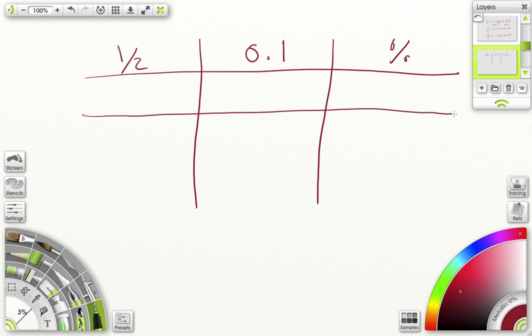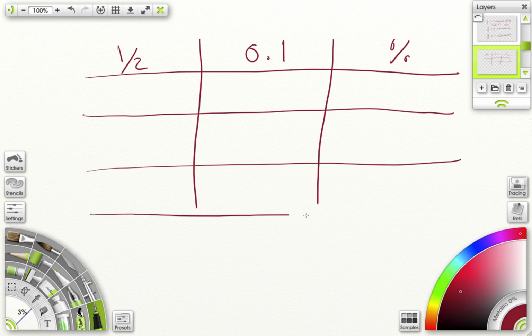So if you have a chart like this and your objective is to fill it in, let's do 7 over 8 here. We'll do 0.6 here, and we'll do 72% over here. So the objective is to convert these into one form or the other.